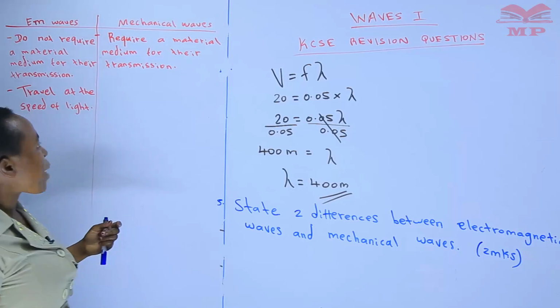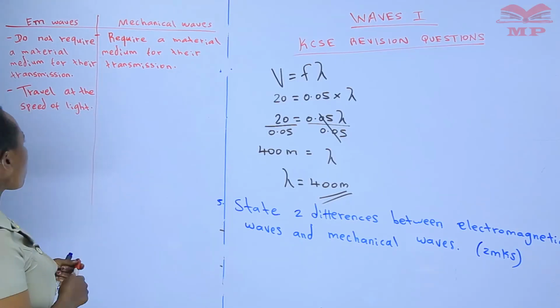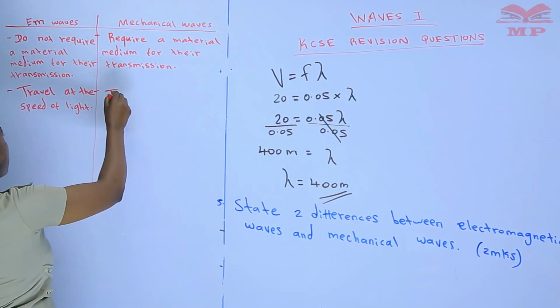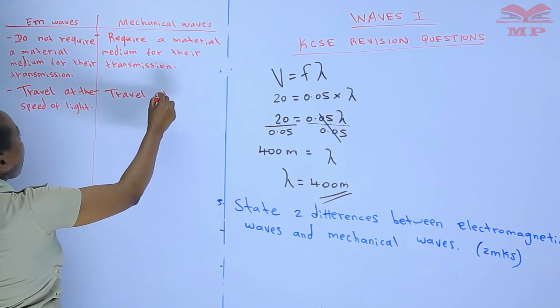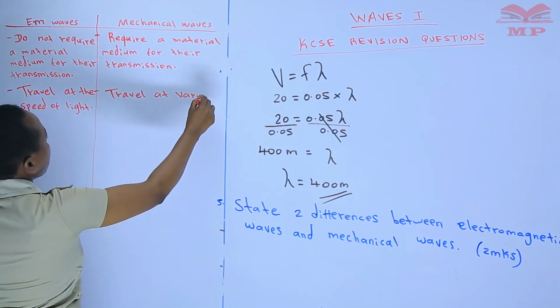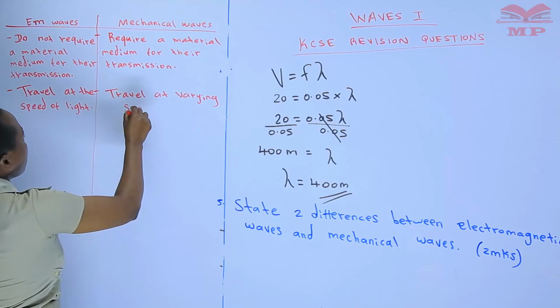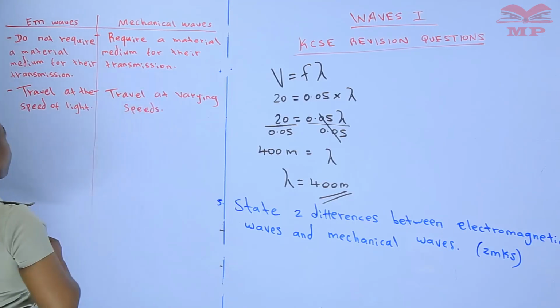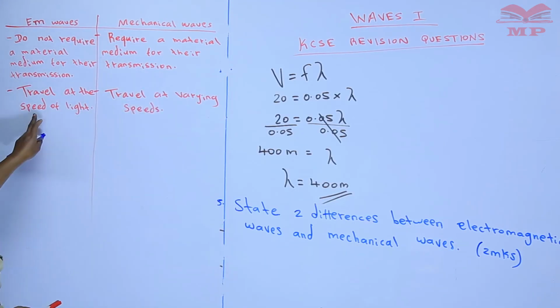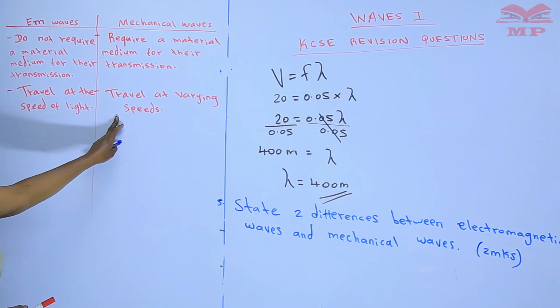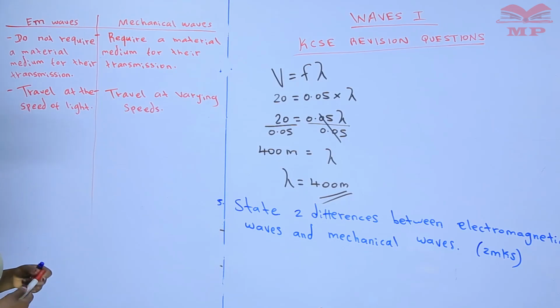So it will depend with the medium. So we can say that they travel at varying speeds. So make note of that. For all electromagnetic waves, they travel at the speed of light, which is 3 times 10 power 8 meters per second, whereas for the mechanical waves, they will travel at varying speeds depending with the medium.